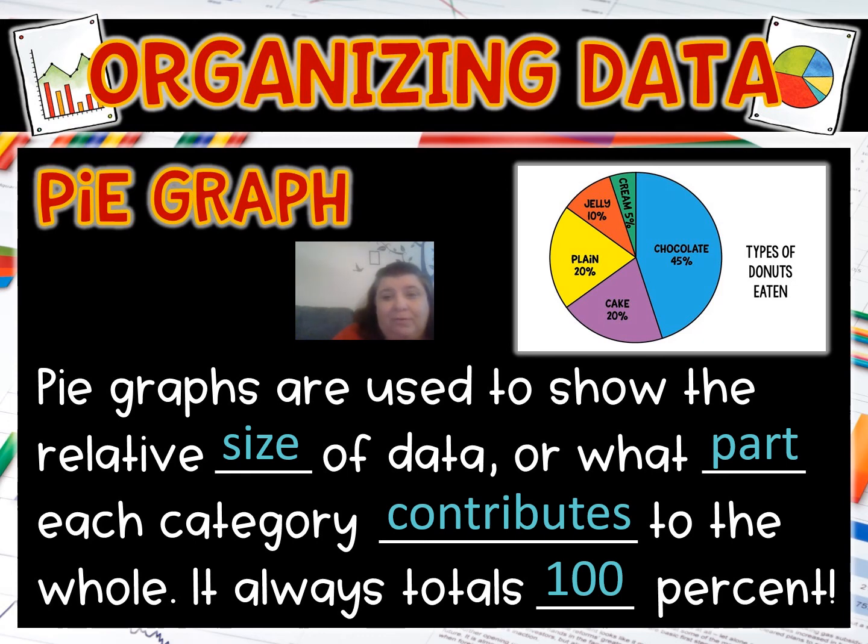And I do not think that this number right here on the cream is anywhere near accurate. Cream has got to be higher than jelly. And I mean, not 5%. That's wrong. Wrong, wrong, wrong. But anyhow, a business could use this to decide how much of what they make.